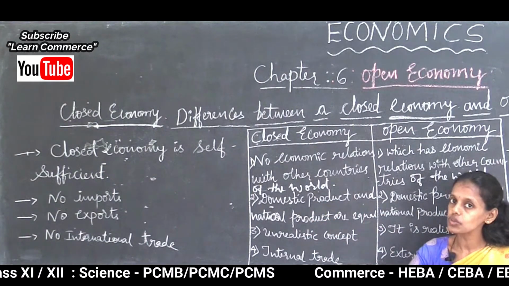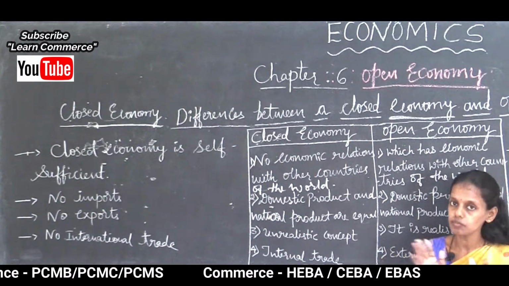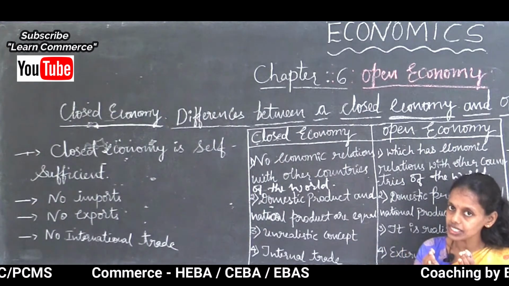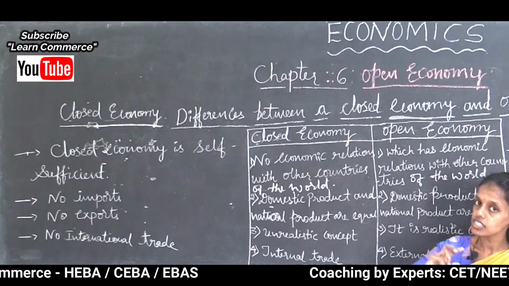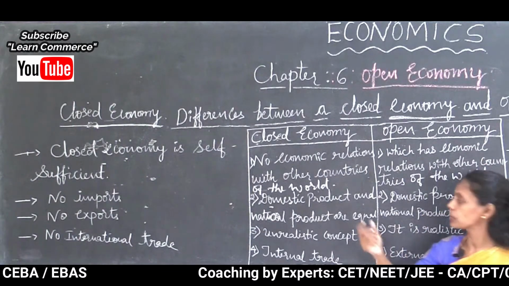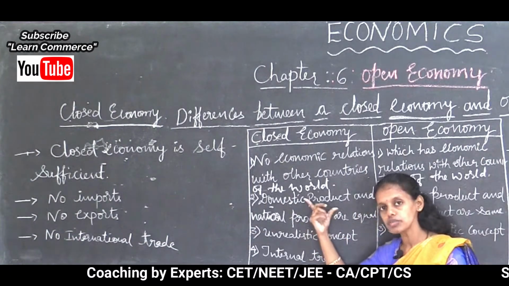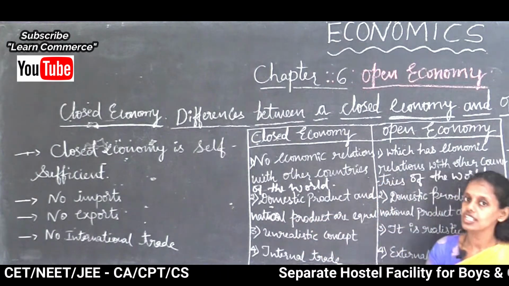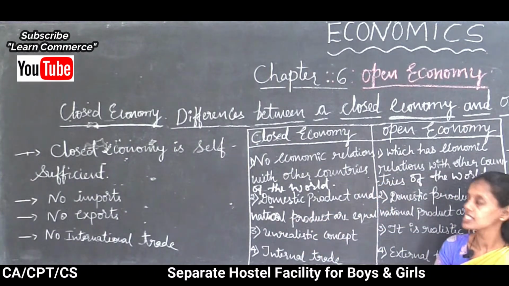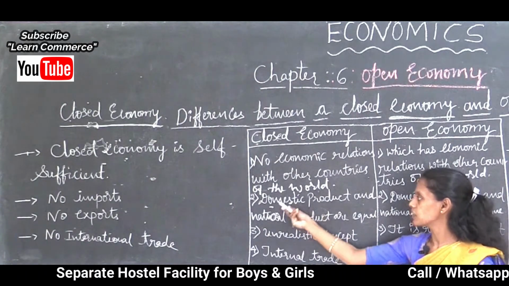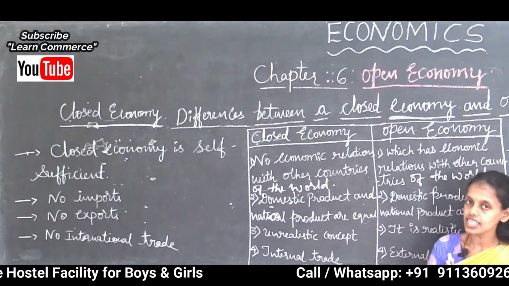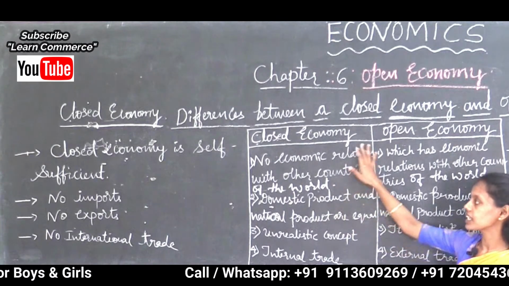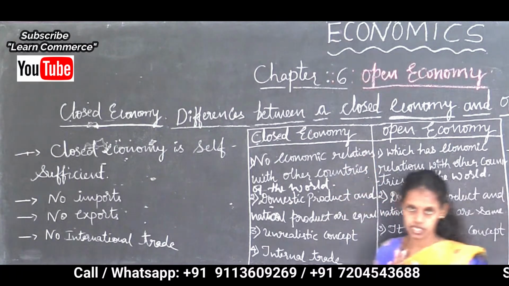How? Because there are no exports and imports taking place. The net value added from the goods of domestic product is added while counting the national income. Thus, national product and domestic product are equal in a closed economy.